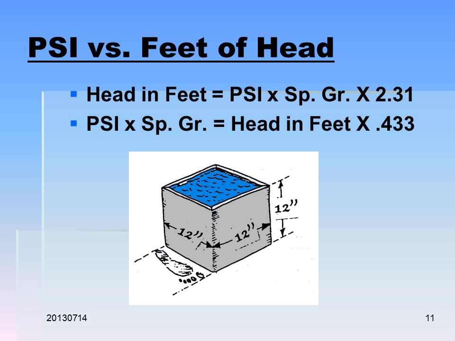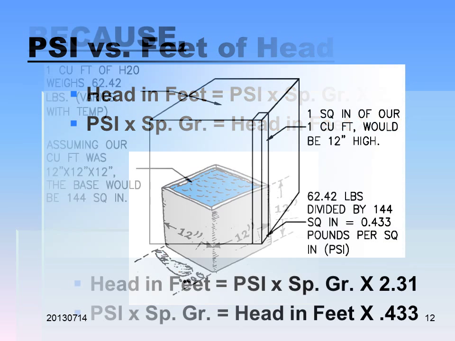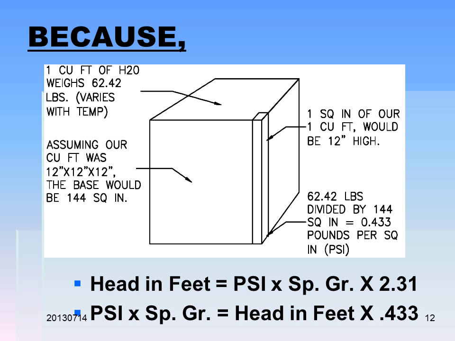Actually, I found this somewhere, and then I made the next slide from this, but it helps to show, when we talk about feet of head, where does this come from? It comes from a cubic foot of water, 12 by 12 by 12 inches, and that's how it weighs 62.42 pounds.